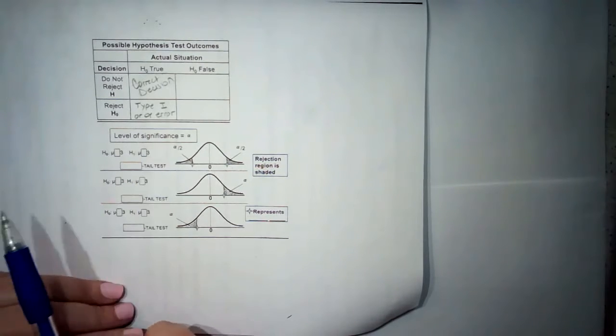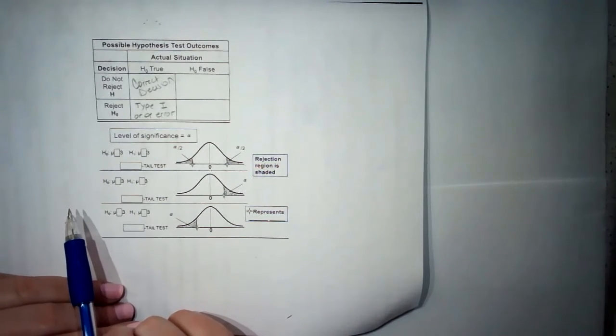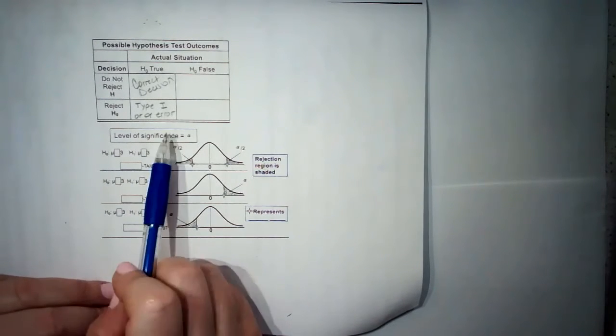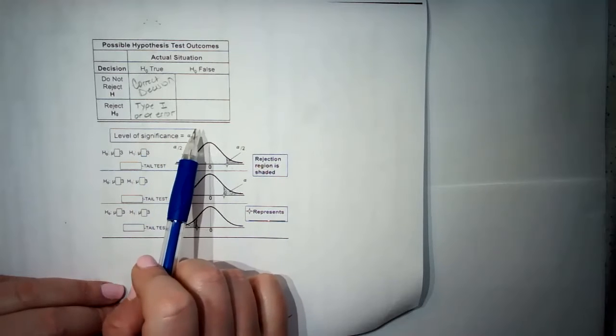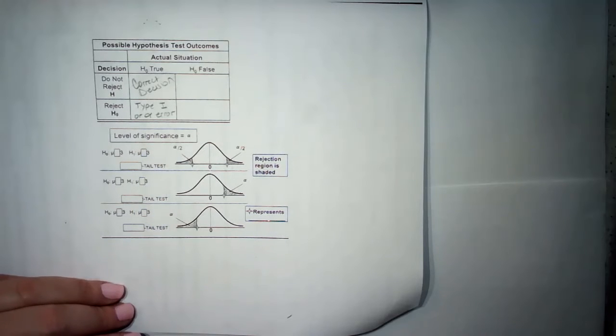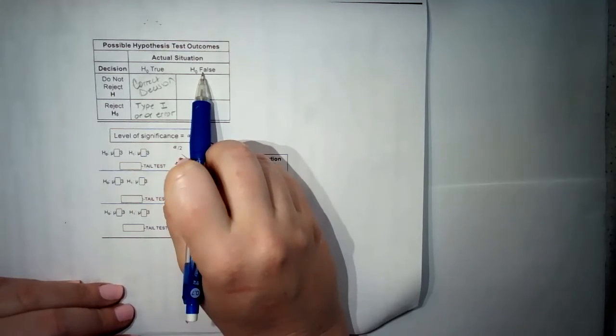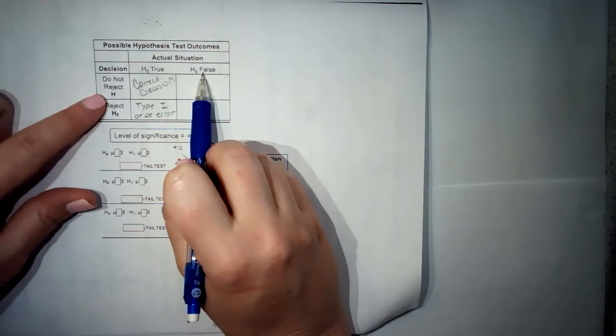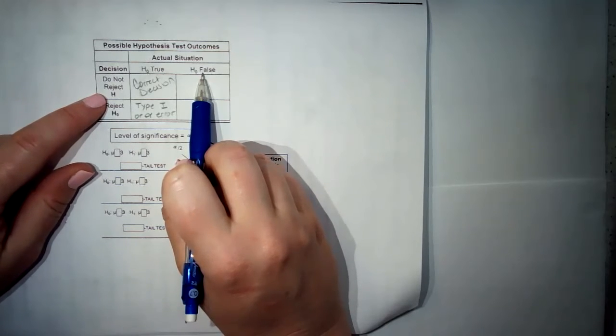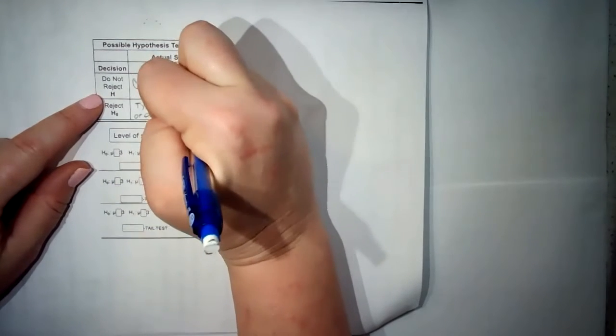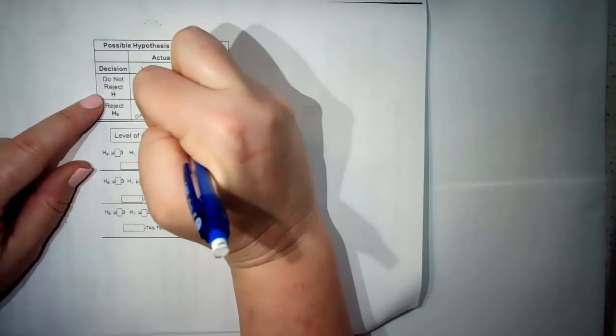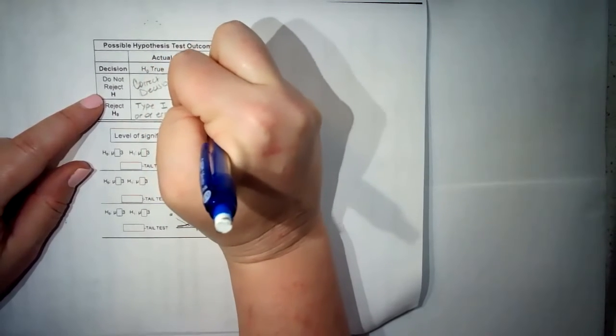And then you have multiple choice of whether that was correct or what kind of error it was. And you're going to write type 1 error or alpha error. Okay. What if your null is false, but you don't reject it? That's your type 2 error or your beta error.